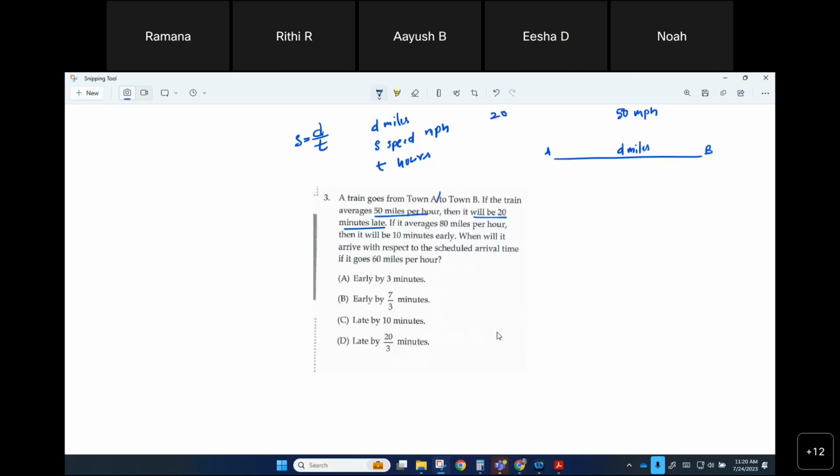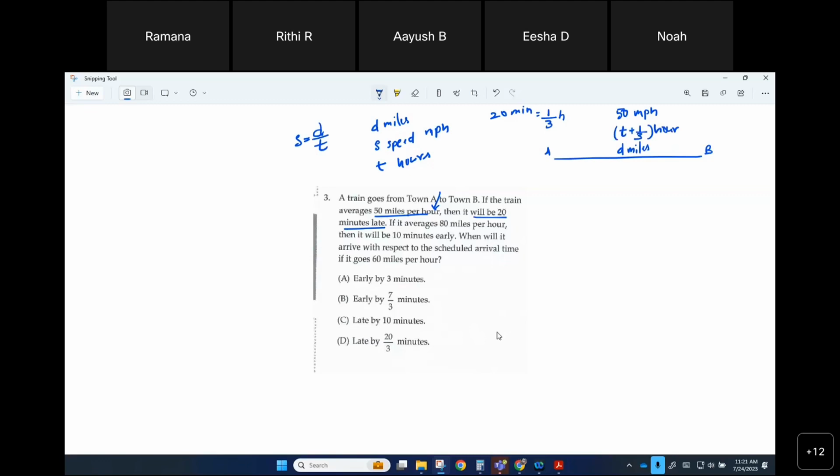Because your data is all in hours, that would be 1/3 of an hour. Is that clear, everyone? So it will take 1/3 hour more than the usual time because it's late.